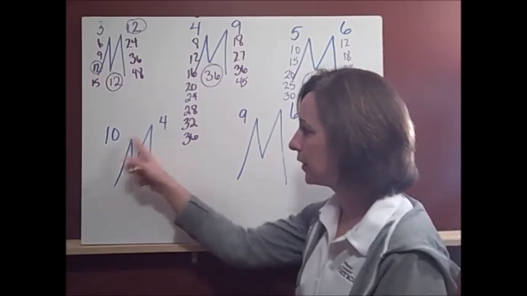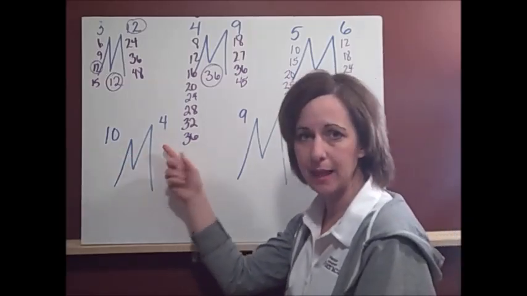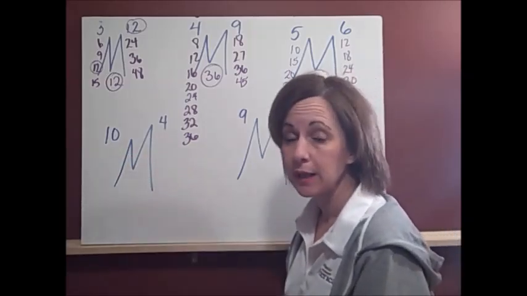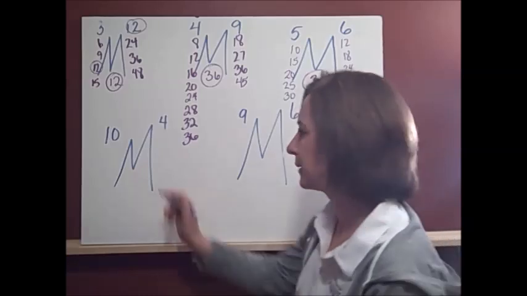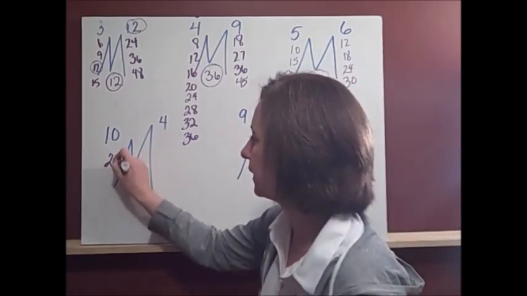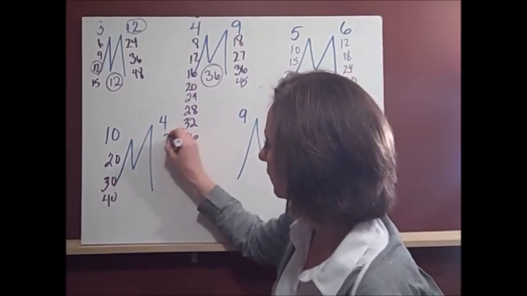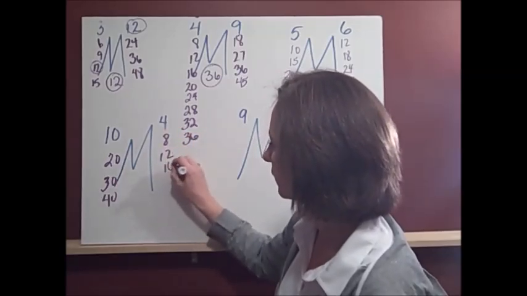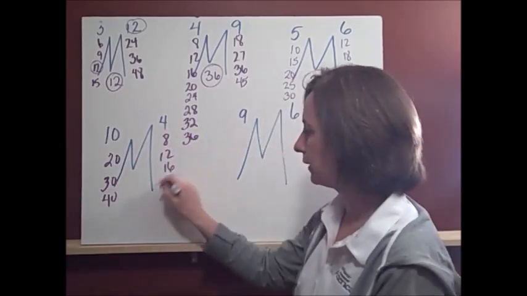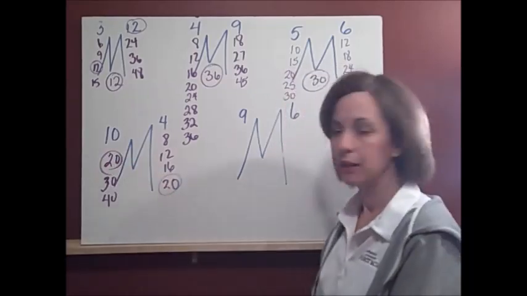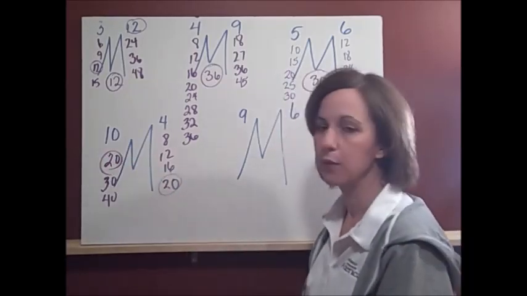But on this one, multiplying 10 and 4 gives me 40. And that is indeed a multiple, but it's not the smallest. If you'll notice, 20 is what I come to before I get to 40 in this row.